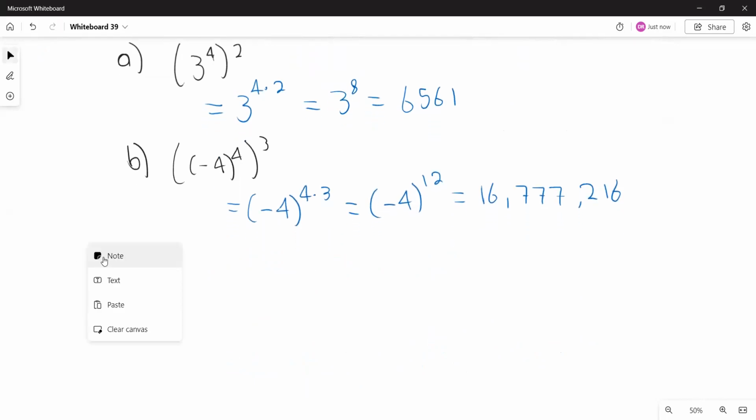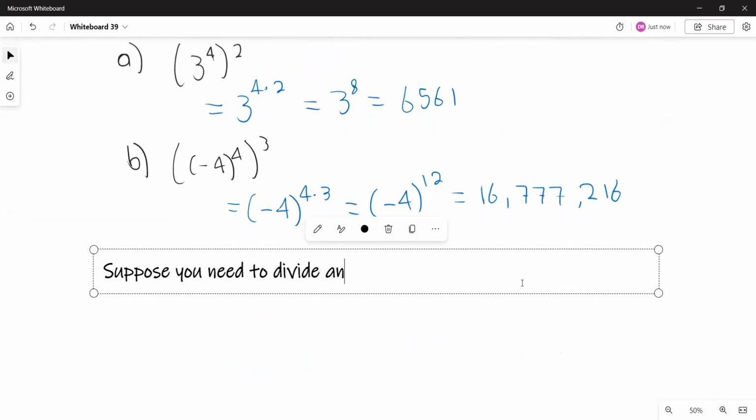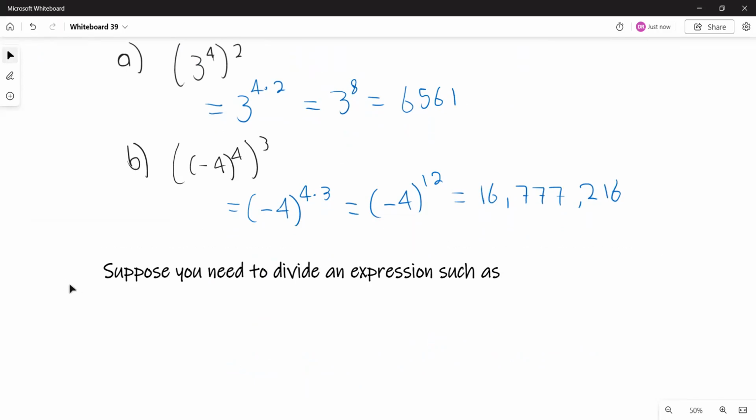Next case scenario. Let's suppose you need to divide an expression such as x to the sixth over x squared. So we're going to use the definition of exponents.